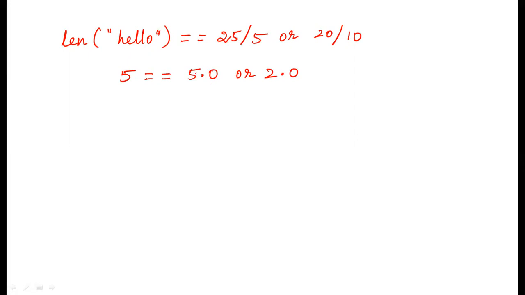That is, when the comparison is being done, for the floating point value, if the part after the decimal place is 0, it is truncated. So it gives the result as true, or 2.0, which means that here we have a value, so it is also considered as a true value. True or true will result as true.